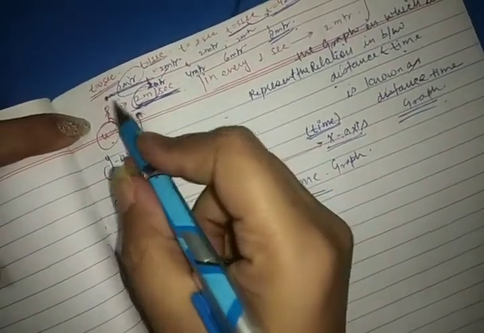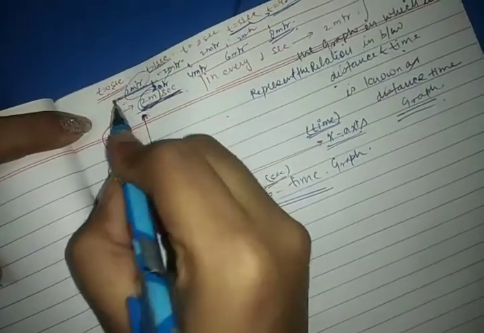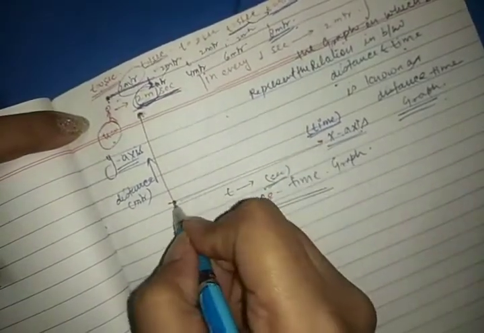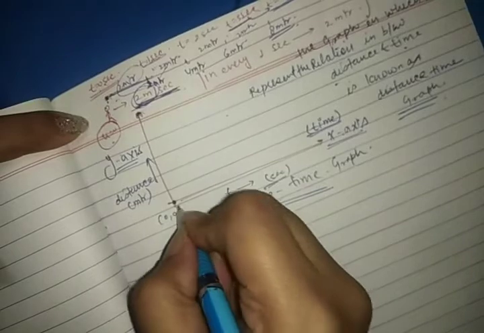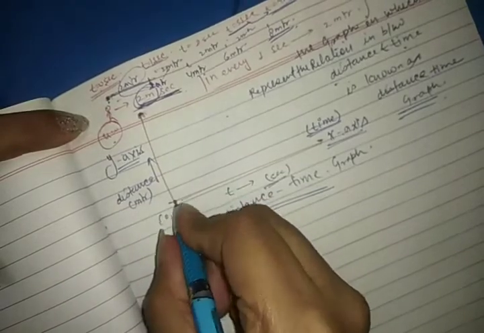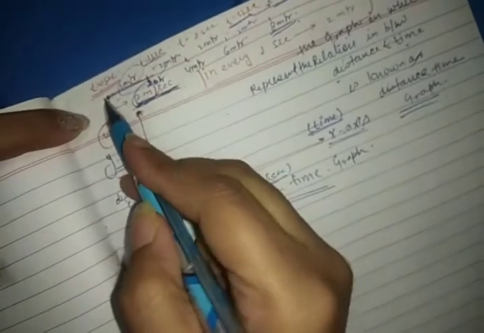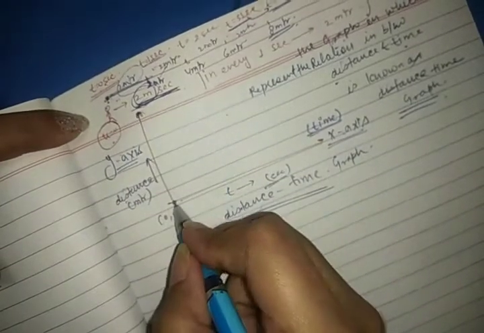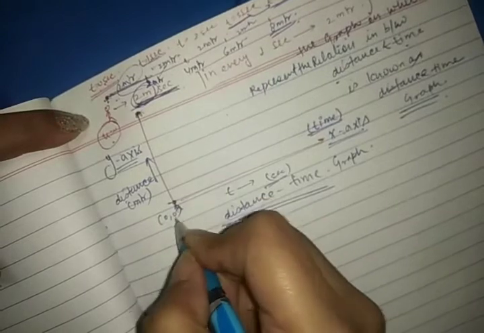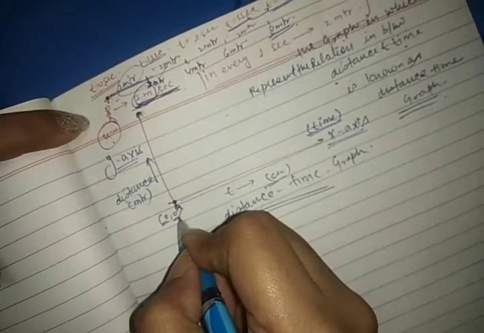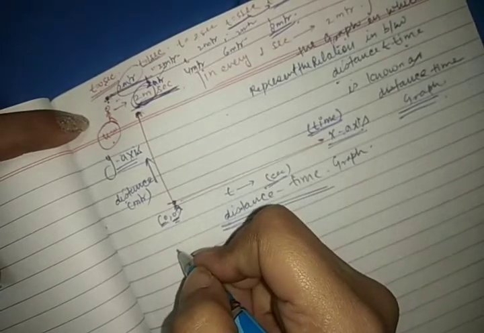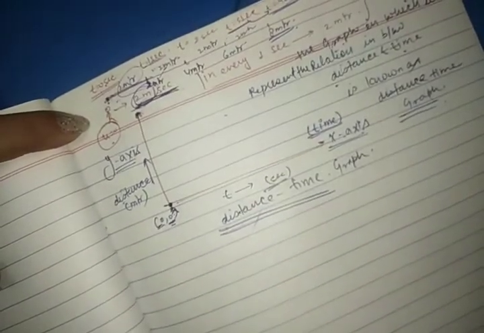Now from here, as you can see, we just started our journey from here. At this point you can see this is the time axis and this is the 0 point. So at this point time is also 0, distance is also 0, just like this case. Okay, at this point you are standing here, t equal to 0 seconds. So if you just started your journey, then initially the distance or path covered by you is 0 only, right?